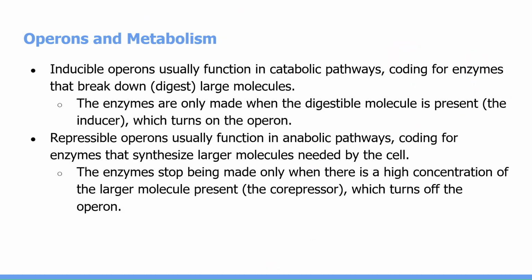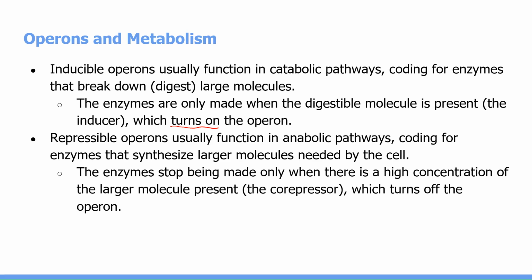So we can think about the operons in terms of metabolism. Inducible operons usually function in catabolic pathways, coding for enzymes that break down or digest large molecules. And again, these enzymes are only made when the digestible molecule is present, or the inducer. They can become the inducer binding to that repressor, turning the repressor off, which causes the operon to be turned on.